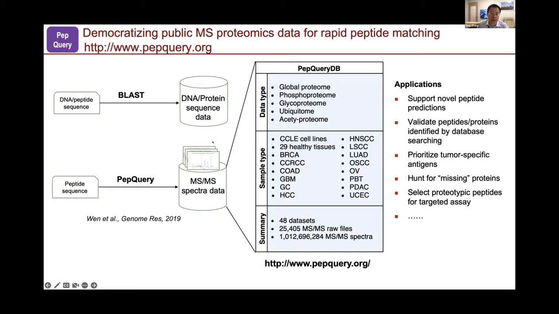With this new capacity, users can query one sequence against all this data to answer questions like getting support for novel peptide predictions or validating peptide protein identifications from database searching, because this uses a very different algorithm. And then to prioritize tumor-specific antigens, hunt for missing proteins, and select a proteotypic peptide for targeted assays, etc.